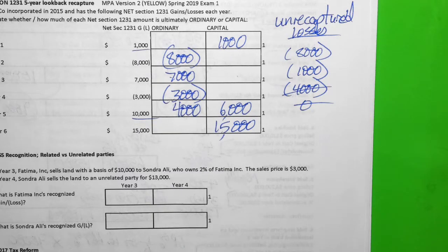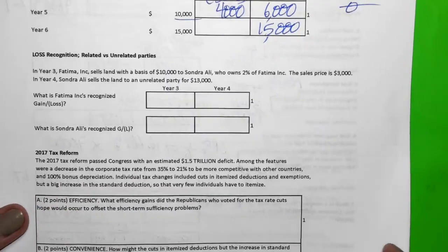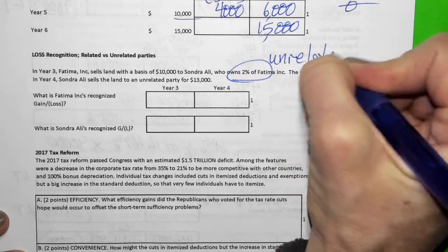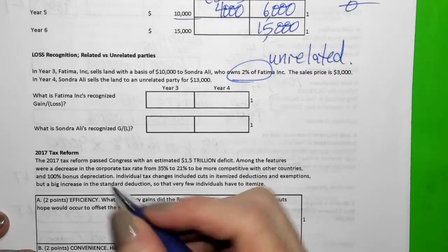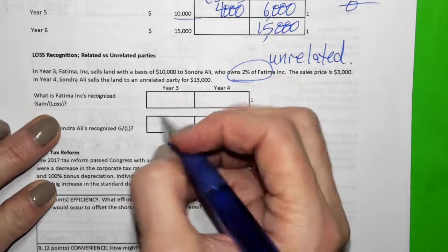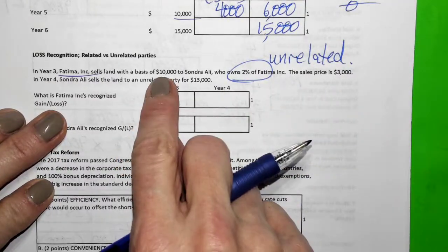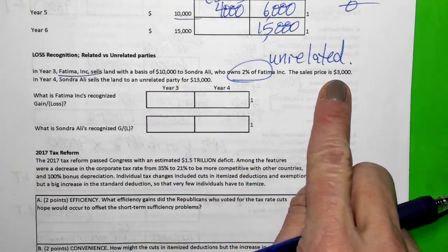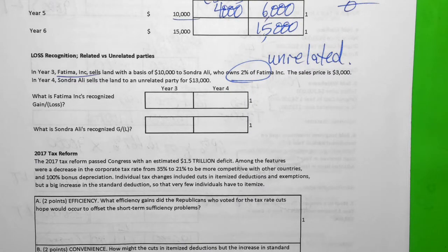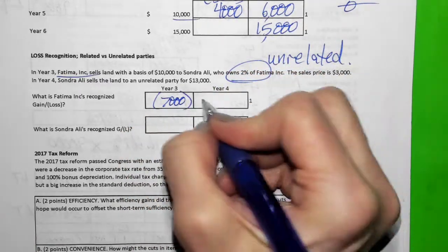All right. Related versus unrelated losses. The key thing here is this is an unrelated party. Most of you noticed that. So now we just treat it as separate gains and losses. So Fatima sells land with a basis of 10 for $3,000. And so there's a $7,000 loss, and that's the end of Fatima's Inc.'s transaction.